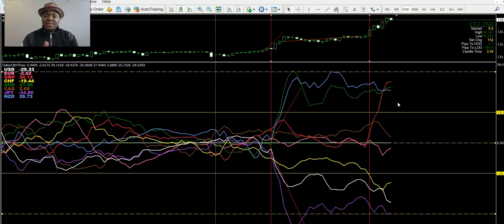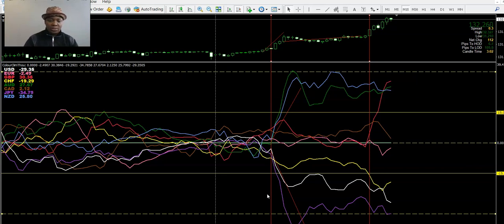So there is a potential trade there, but it doesn't give you a higher probability than when it happens near the zero line. Very, very important. So when you focus on any trade, focus on where the market starts diverging close to the zero line, with one strengthening and the other weakening. That's when you get good, clean, quality trades.